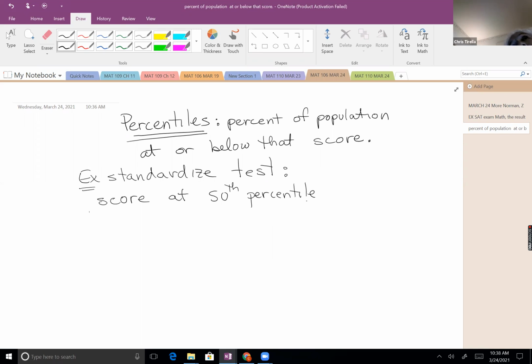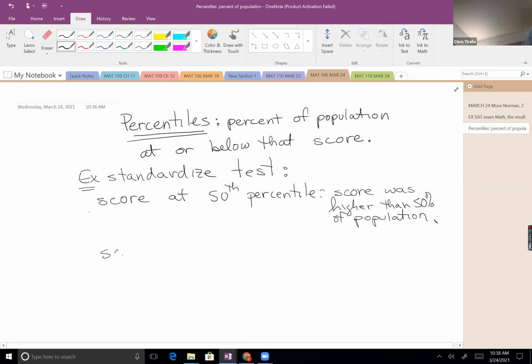It means you did better than half of the people who took it. Your score was higher than 50% of the population, which also means it was lower than 50% of the population.